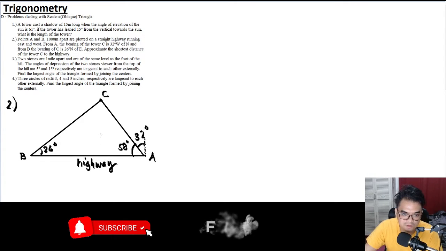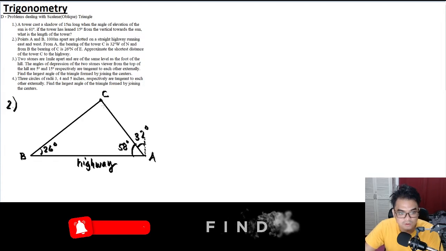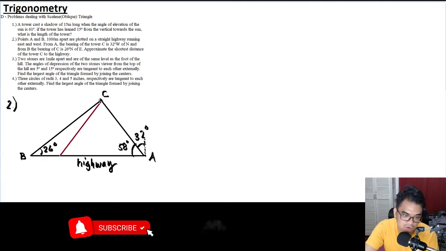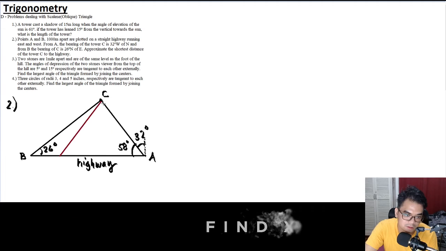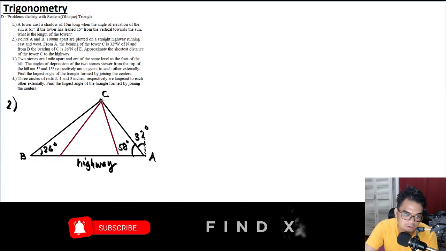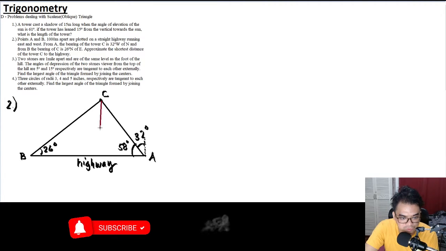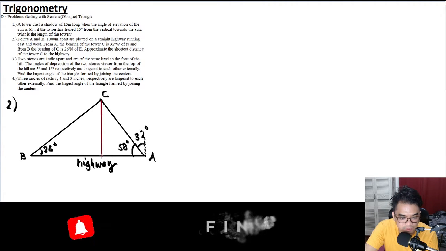The shortest distance for that is, of course, it's not this one. As you can see, that's longer, and it's not this one or anything like that. It should be the straight line. So you just have to make a straight line from there.